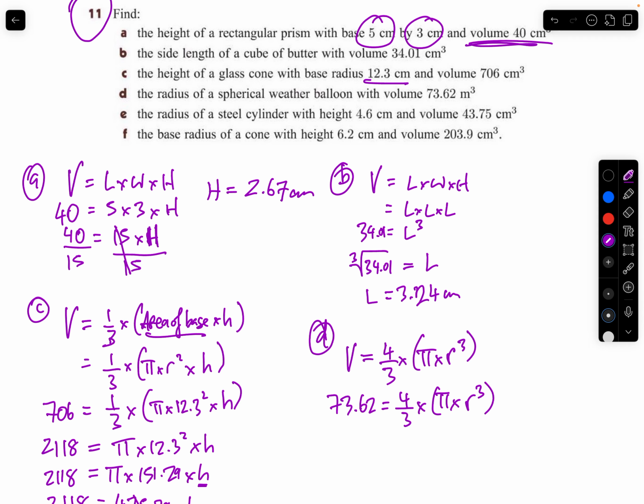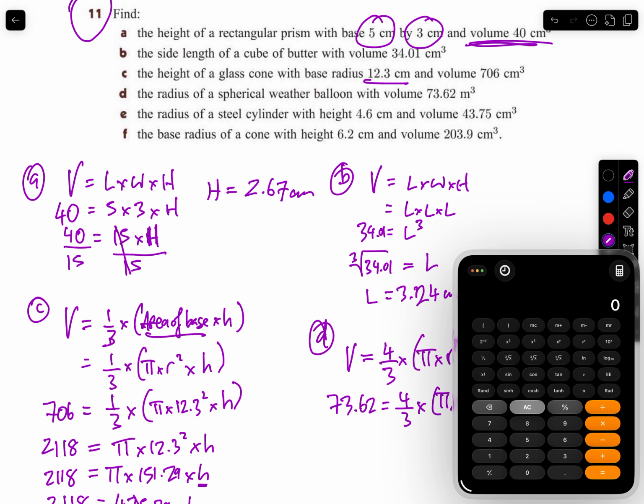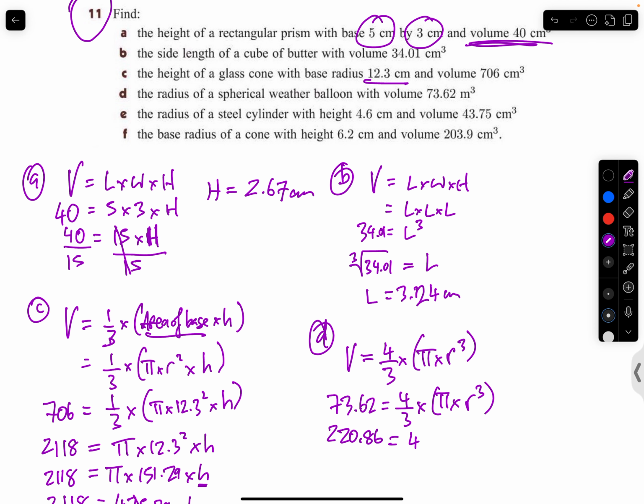Okay, to get rid of the divide by 3, we times everything by 3. So 73.62 times by 3 is 220.86. The divide by 3 is gone, so now we're left with 4 times by pi times by radius cubed.